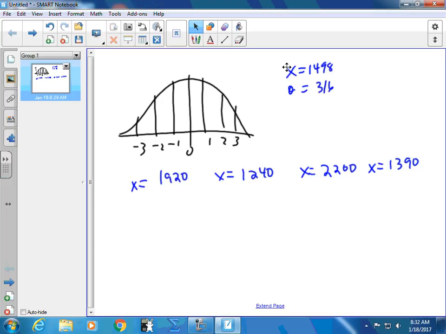Now, we're going to take the mean, we're going to put it up here. You're going to take that mean, and you're going to add 316 all the way across. 316 is your standard deviation. So to get to one standard deviation, this would be 1814. Just keep adding 316.